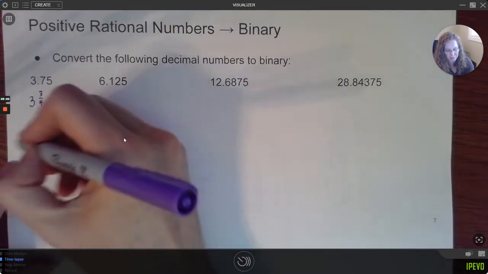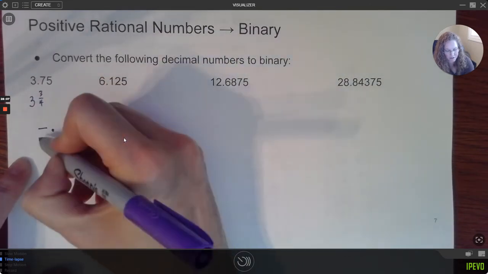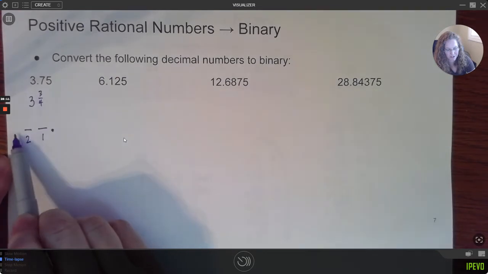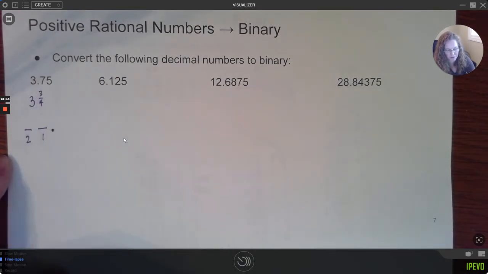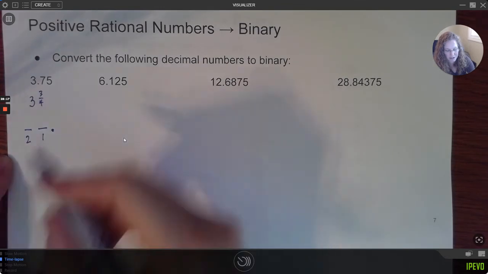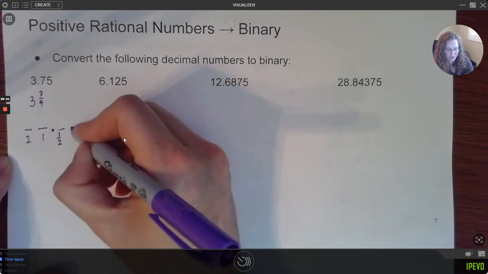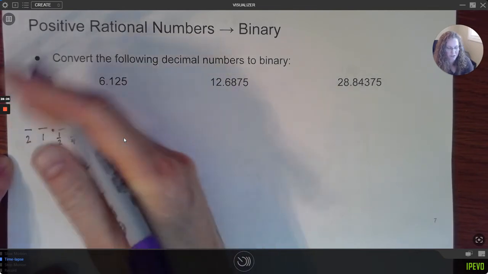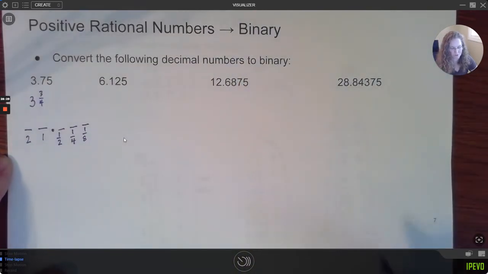So if I write my binary point here, I've got the 1's place, the 2's place. If I go out again, the 4's place, well, this number is less than 4, so there can't be a 4's place. I don't have to worry about that. And then I go to the other direction, I have the 1/2 place, and I have the 1/4 place, and then if I kept going, the 1/8 place, and so on and so forth.